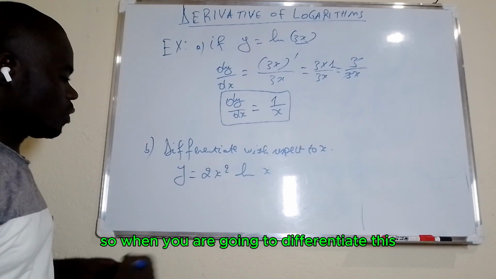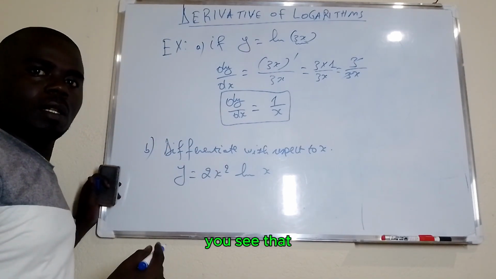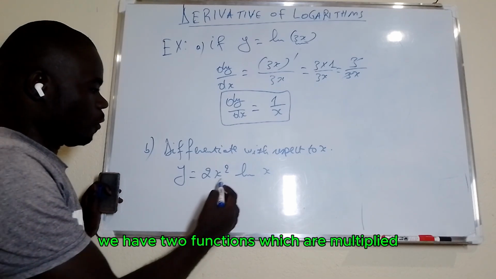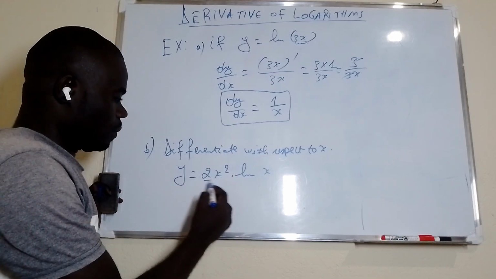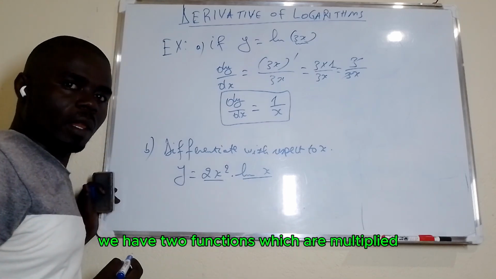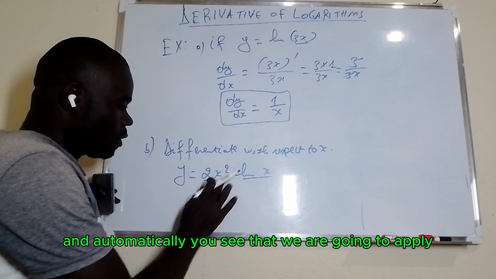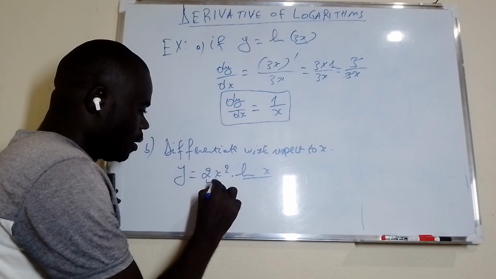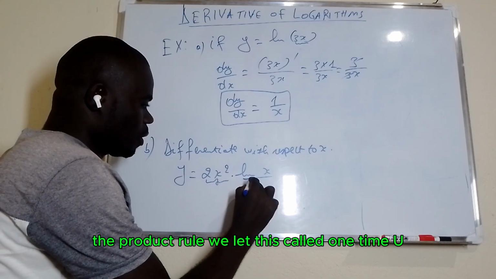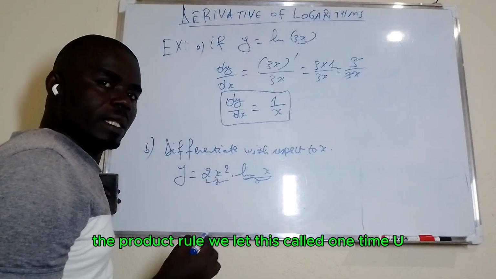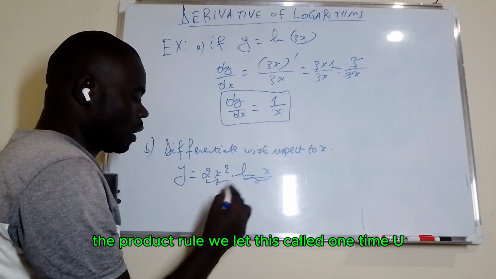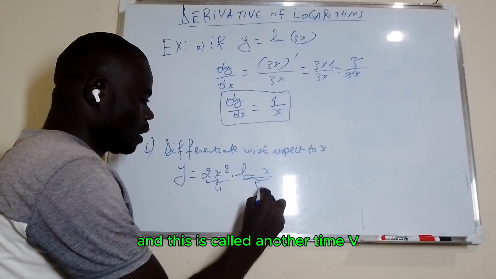When we are going to differentiate this, you see that we have two functions which are multiplied, and automatically we are going to apply the product rule. We call one term u, and the other term v.